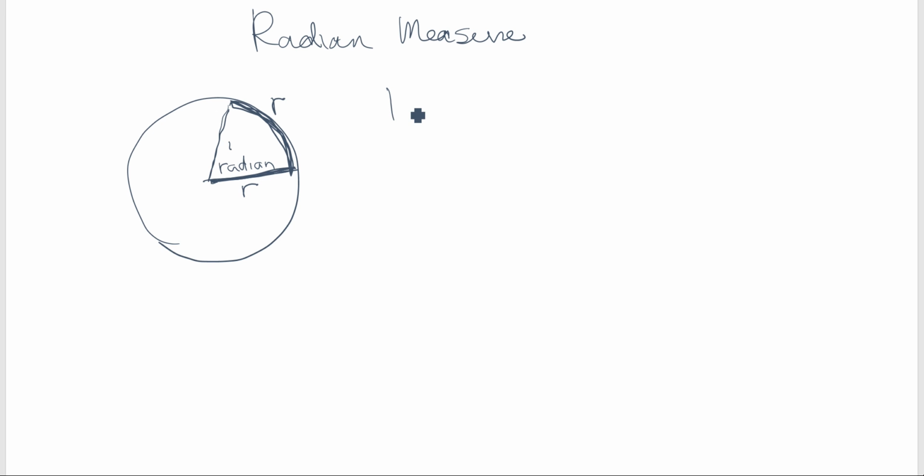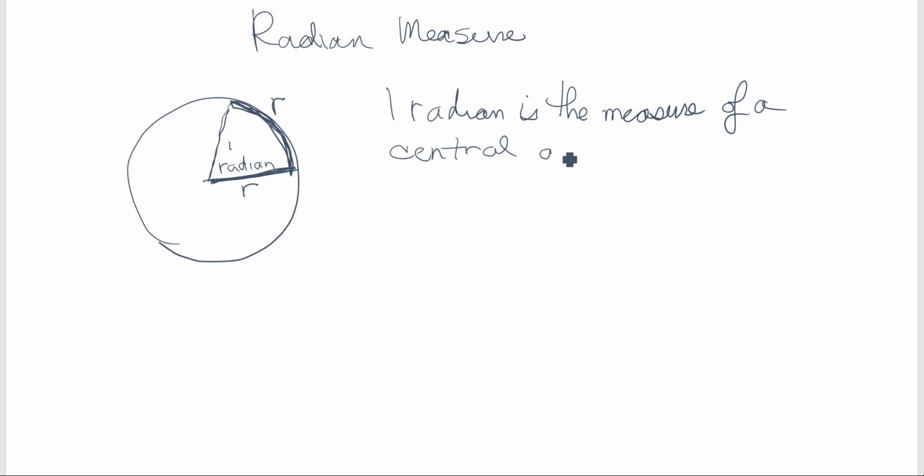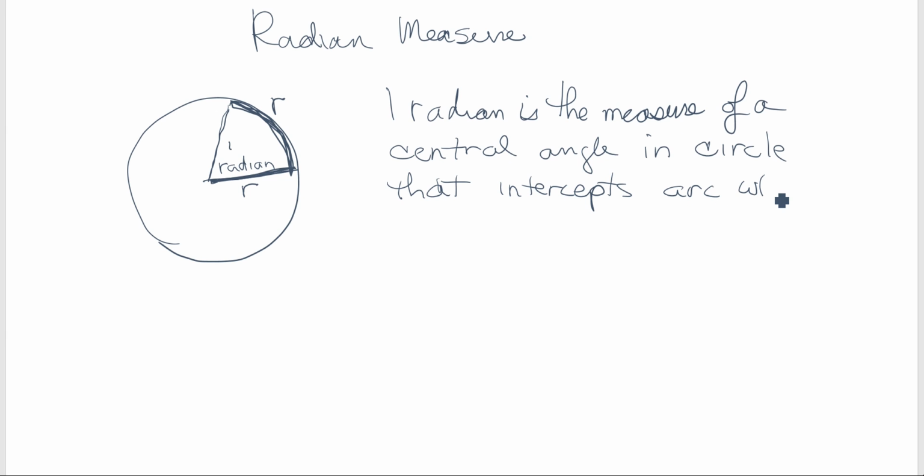So that 1 radian is the measure of a central angle in a circle that intercepts an arc whose length equals the radius.